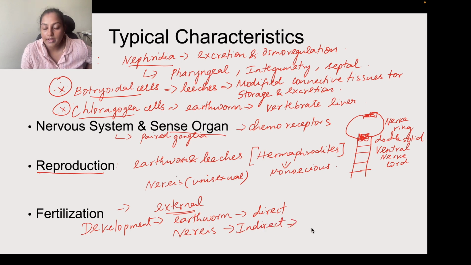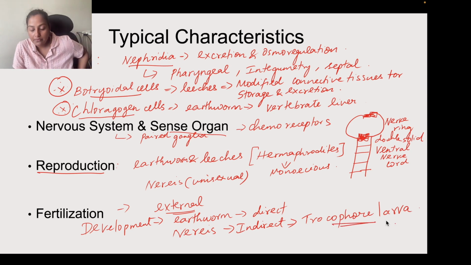So here, very, very important, the larva name is trochophore larva, right? Very, very, very important. Note it down.